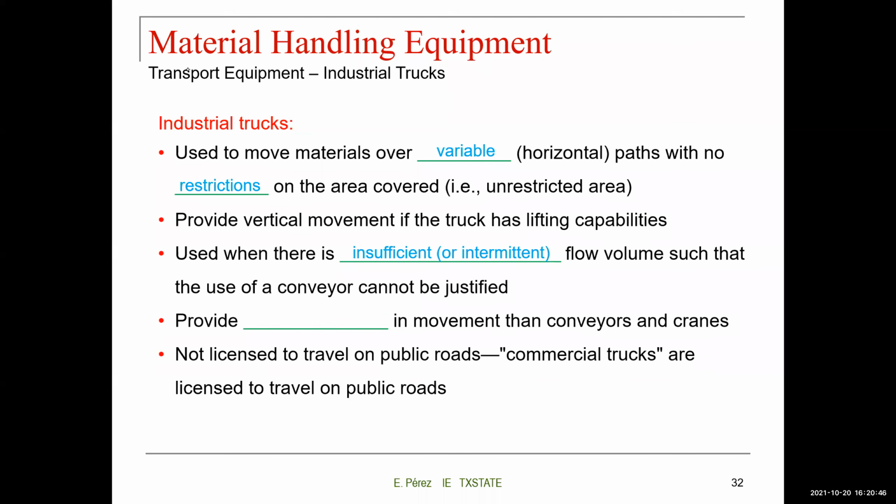Having that coverage will be possible just with the trucks. The crane will not let you do that. A conveyor will be very expensive if you want to cover that long distance.